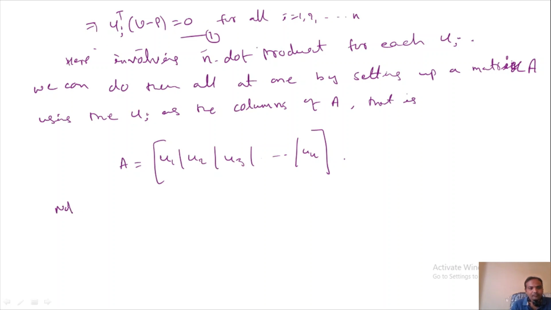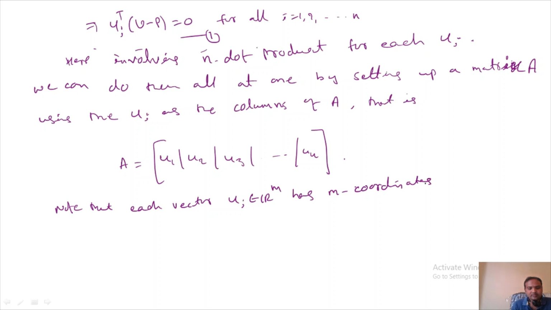Note that each vector Ui belongs to Rm and has m coordinates, and there are n vectors. So A is an m by n matrix: m coordinates and n vectors.